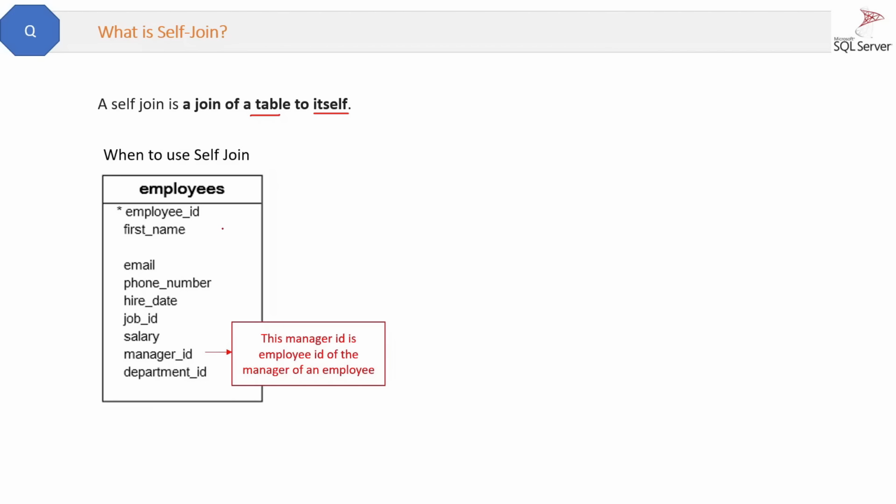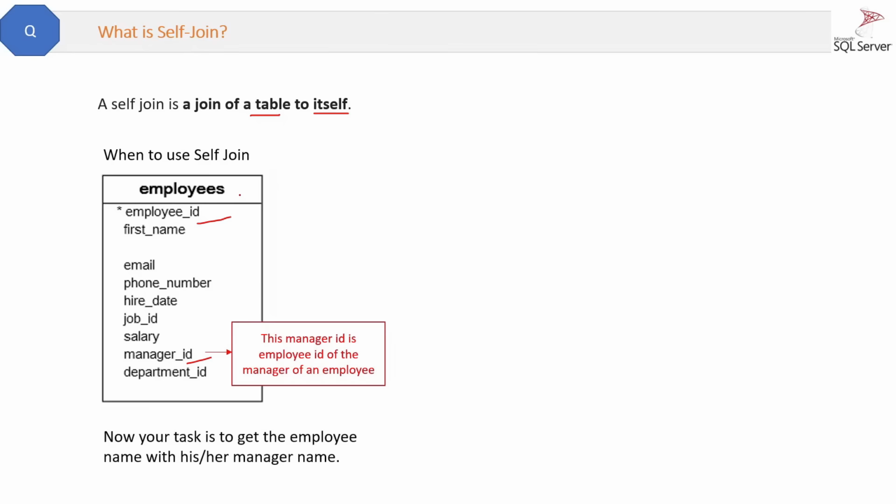Therefore in the same table there will be a manager ID, which is nothing but the employee ID of the manager of that employee. So this manager ID is the employee ID of the manager of this employee. So we can also maintain this in another table, which can be a manager table, but here we are trying to explain self join, so that's why we have put the manager ID in this table only.